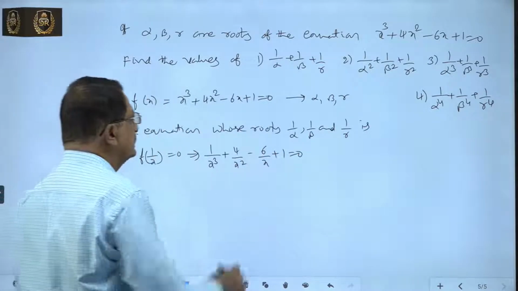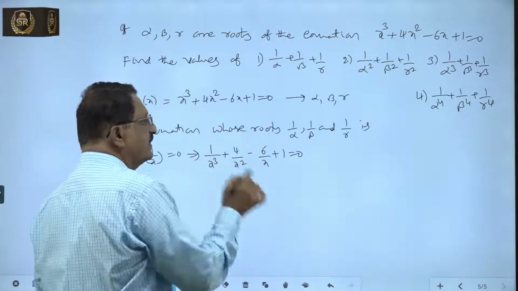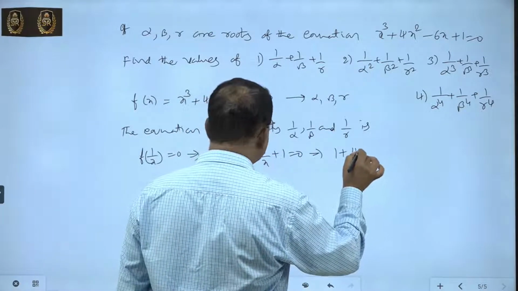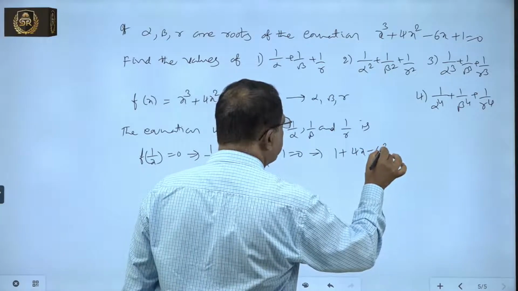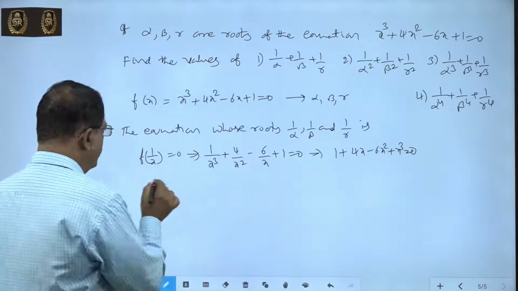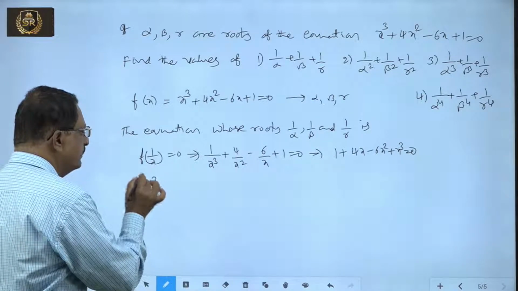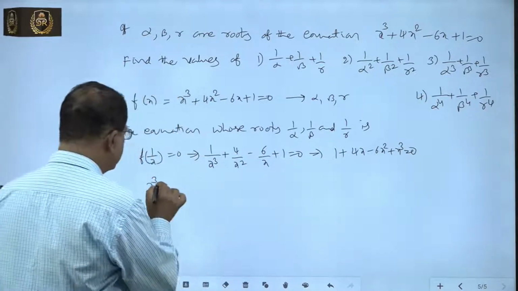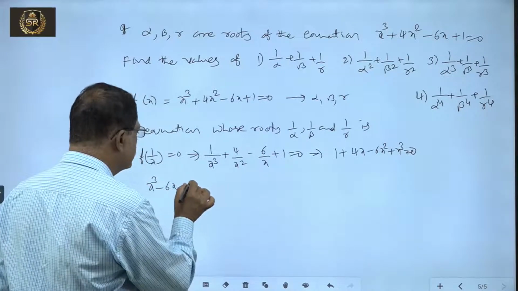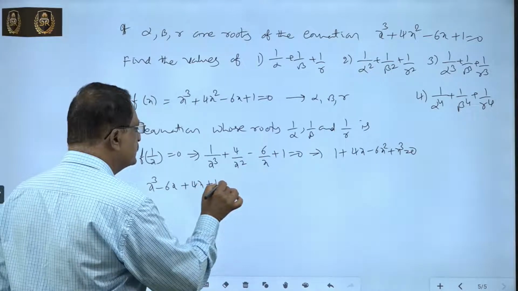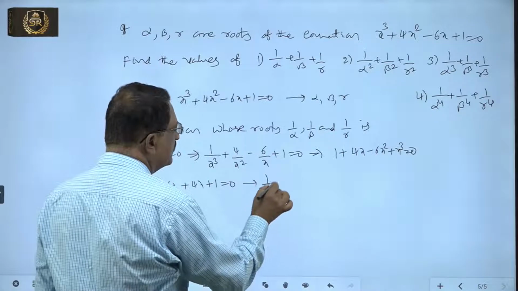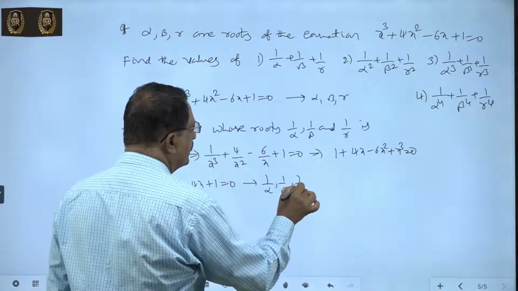Now take LCM, or multiply the complete equation with x cube, we get 1 plus 4x minus 6x square plus x cube equals 0. Now the equation x cube minus 6x square plus 4x plus 1 equals 0. Now this equation's roots are 1 by alpha, 1 by beta, 1 by gamma.